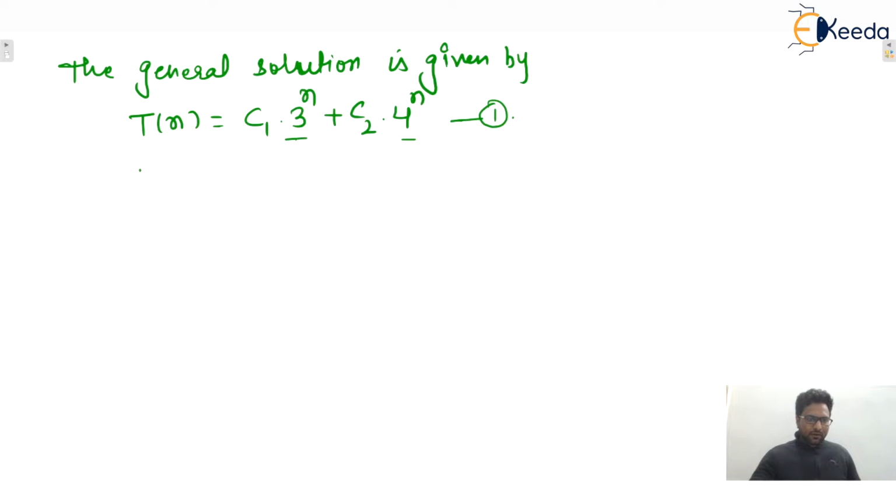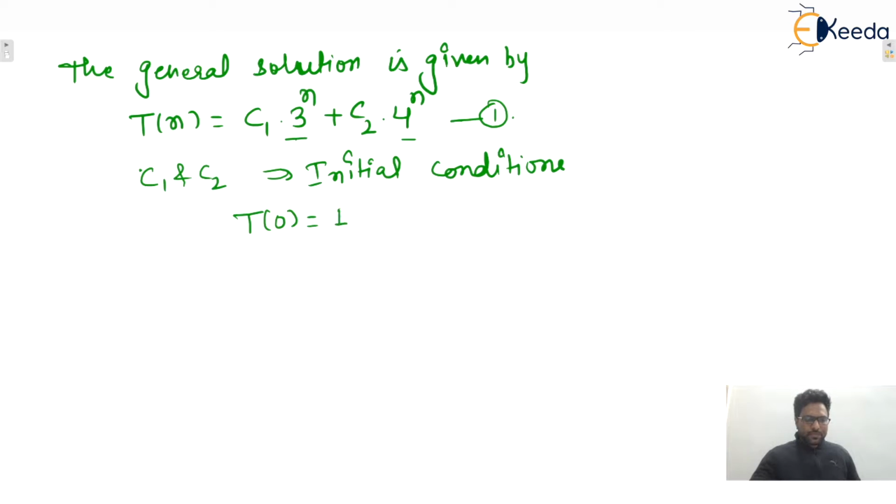Now find out the values of C1 and C2 with the help of initial conditions. So initial conditions are given to you. What are the initial conditions? Here t of 0 is equals to 1, that is given to you, as well as t of 2 that is equals to 2, that is also given to you.